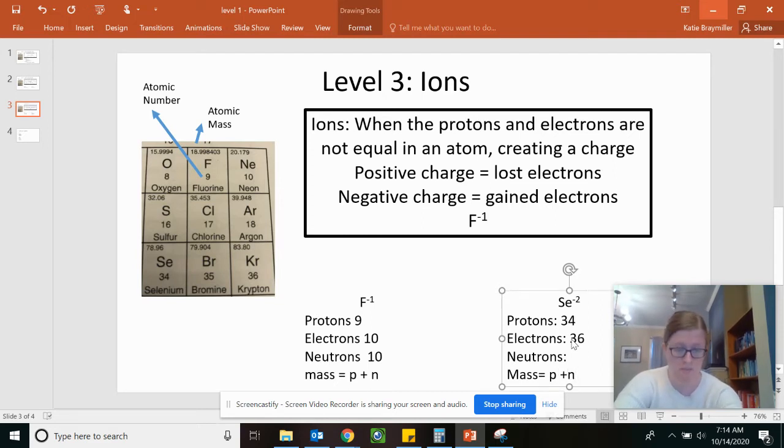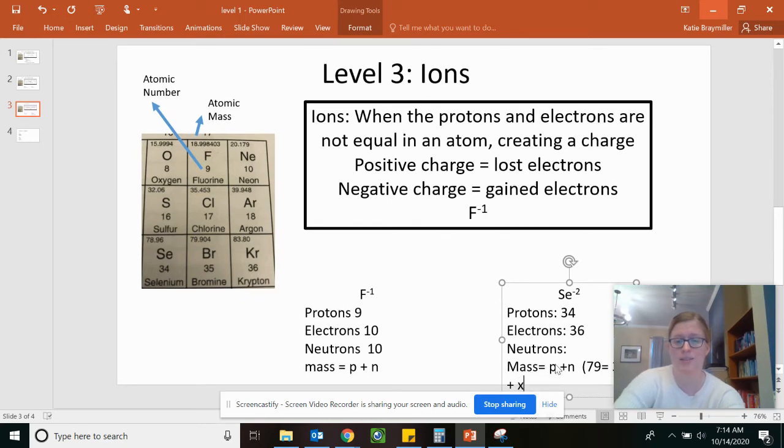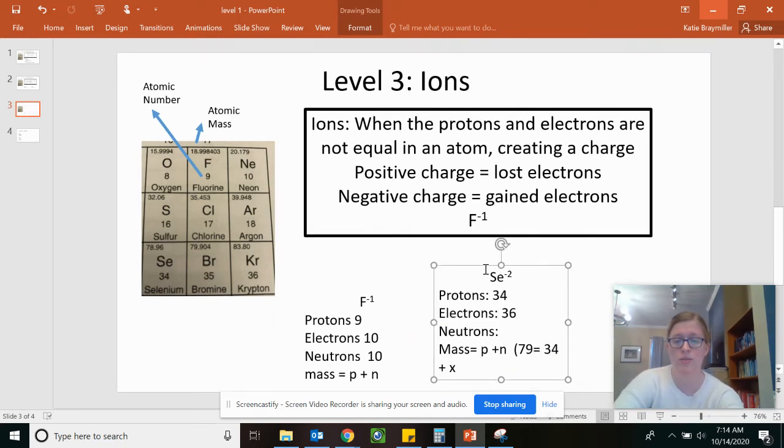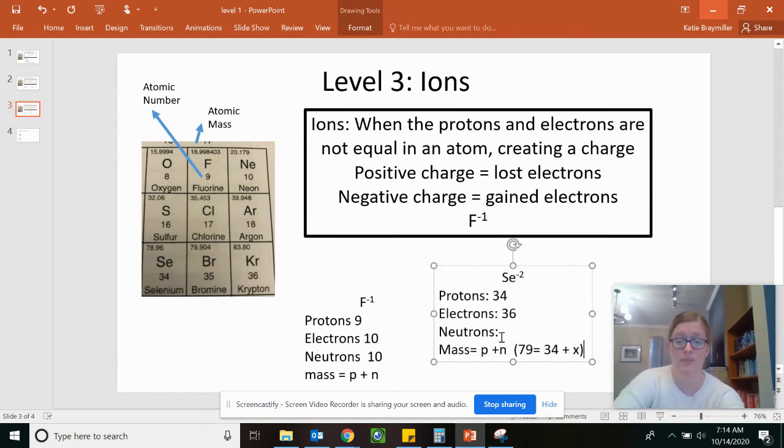We know that the mass of selenium on the periodic table is 79. So I have to do 79 equals 34 plus x. I'll move this over so you can see. 79 equals 34 plus x. When I solve for that, I get that my neutrons equal 45.